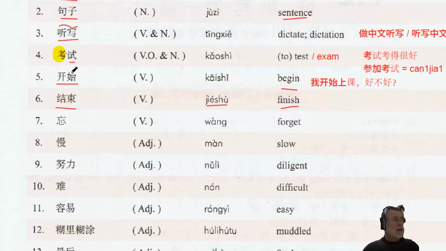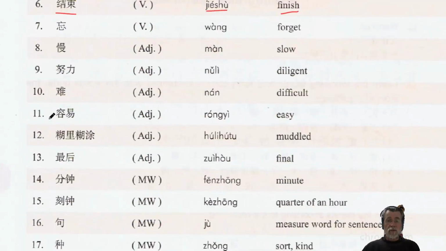Also, just back in the expression for to begin, 开 we've now seen in a number of different contexts, meaning different things. We've seen it to mean 开车, as in to drive a vehicle. I think in the last video for the vocab for lesson 6, I mentioned that 开 is also used for when you're talking about a doctor writing out a prescription.